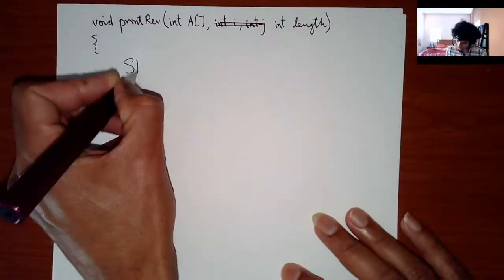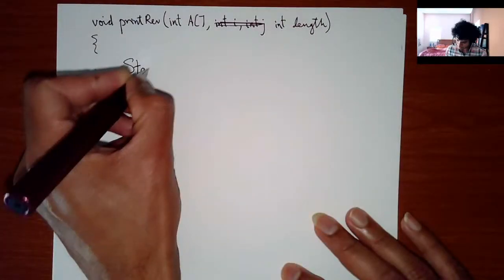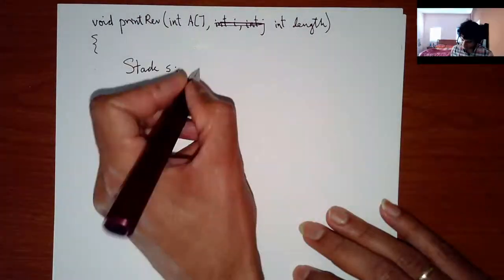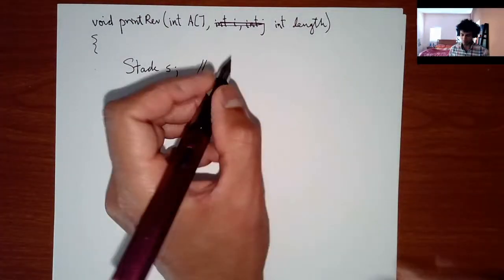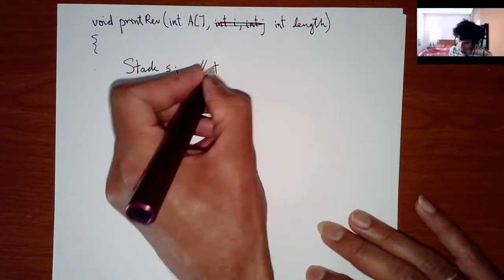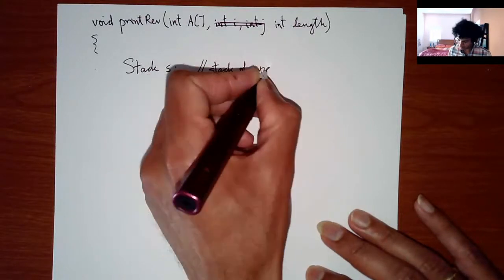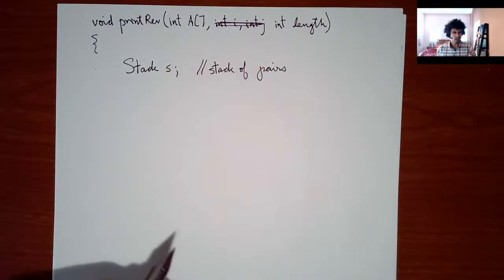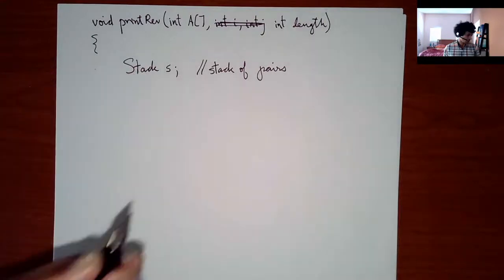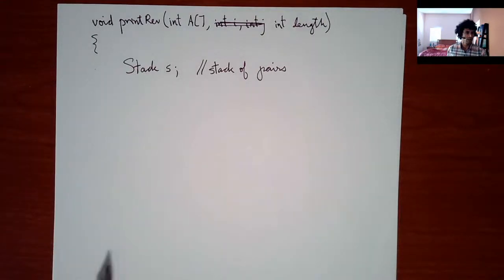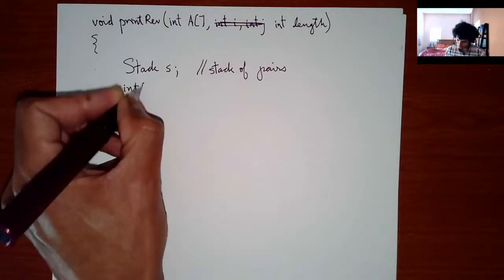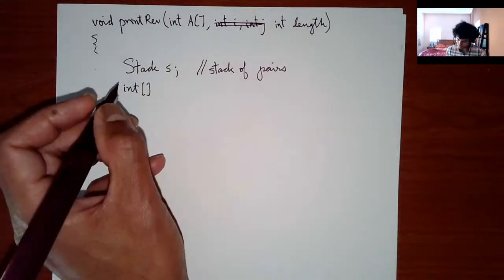So let's create a stack S, and I don't want to deal with the specific objects right now. I'll say this is a stack of pairs. You'll have to create a pair class and template it. Let's not worry about that. I'll share examples of code with you.